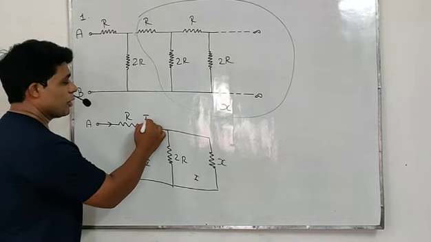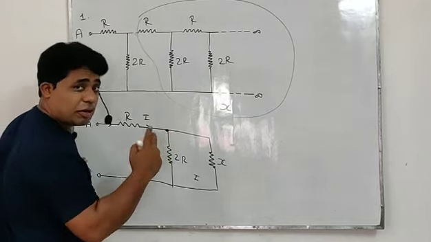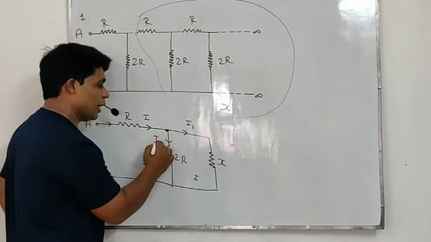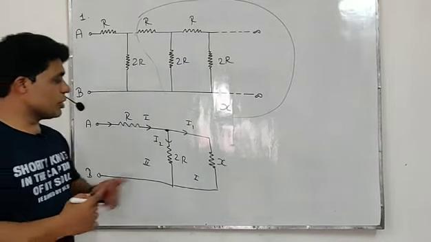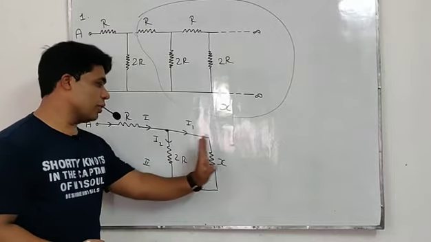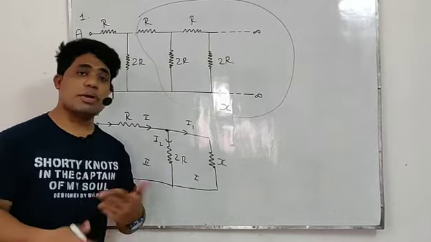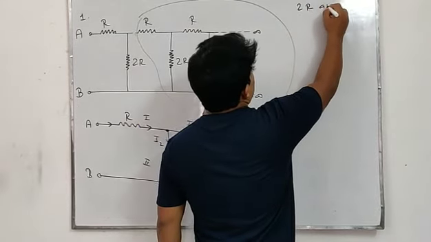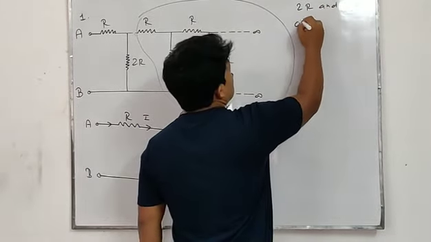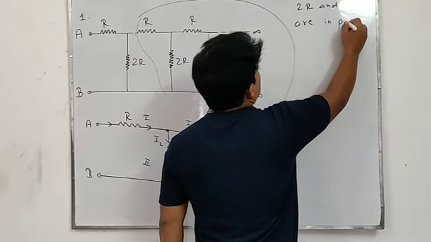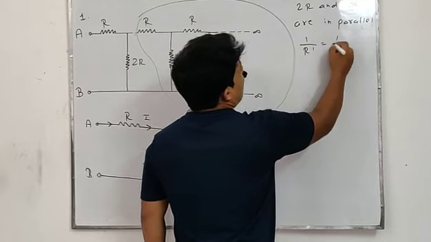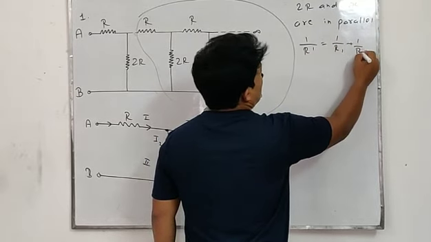Suppose current is flowing. At this junction, current will divide into two parts, let I1 and I2. So this has I1 and that has I2, different currents. So 2R and X should be in a parallel combination. 2R and X are in parallel, and we know the formula of parallel combination, 1 upon R1 plus 1 upon R2.